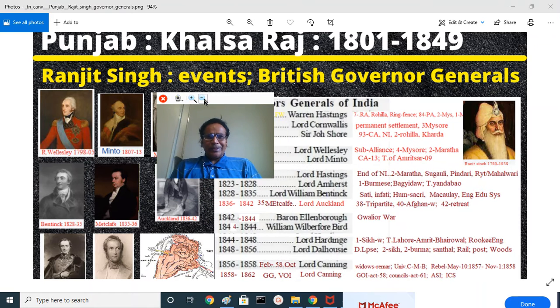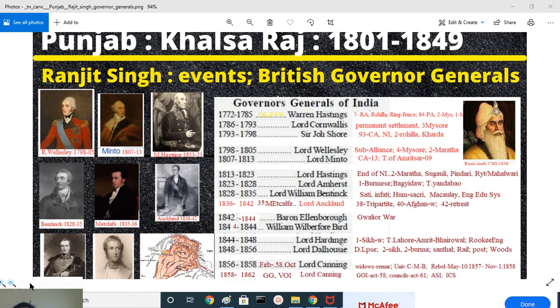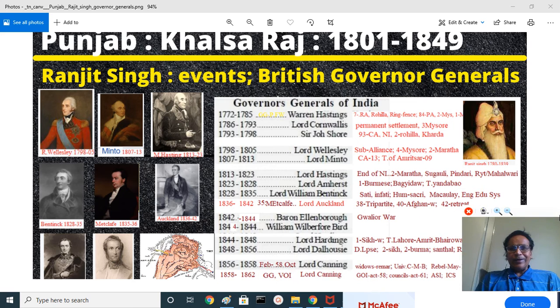We talked predominantly about the time before Ranjit Singh was small, Warren Hastings, who followed the ring fence policy, and after that Lord Cornwallis and Shore, and during Lord Wellesley's time, the British Empire in India was further consolidated by the Subsidiary Alliance.